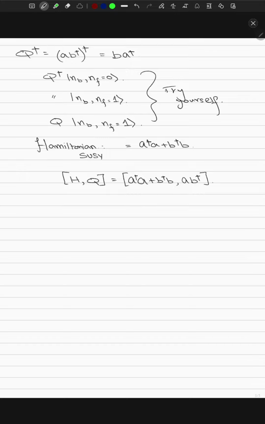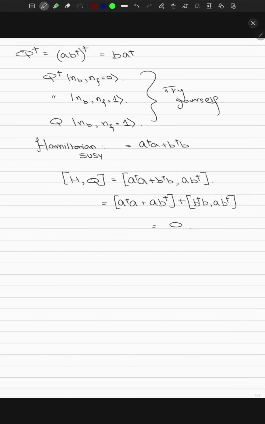And now what you have to do is just open this commutator, using the properties of a commutator. You can write this commutator as A dagger A with A B dagger, plus B dagger B with A B dagger, right? And you can solve this, and you will see that the whole thing essentially vanishes, right?